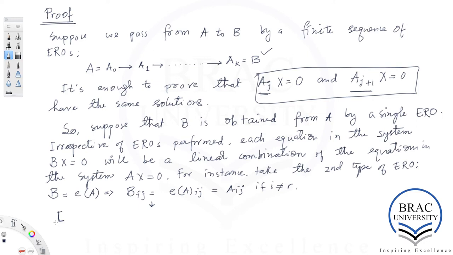We are taking the ith row, which is not equal to the rth row, so I is anything except R from 1 to m. So we take the ith row, which is bi1 all the way up to bin.